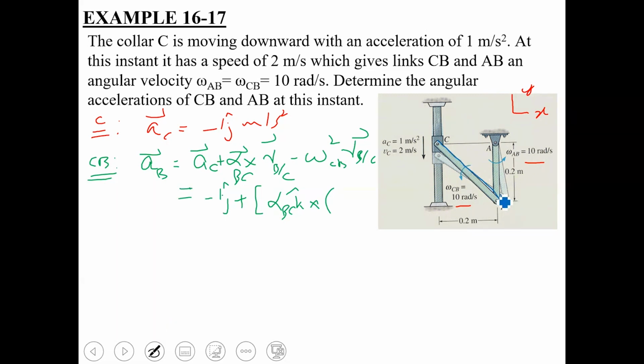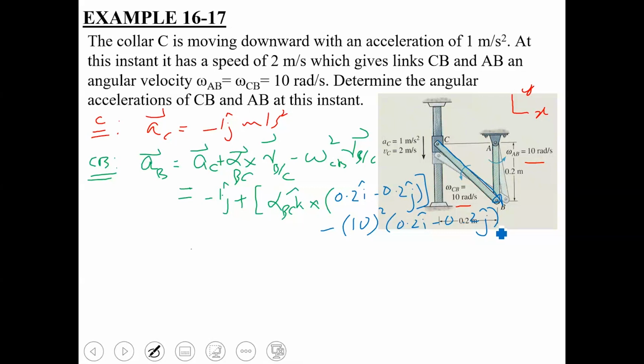It is going to be this vector, which has positive x, negative y. So 0.2 i minus 0.2 j. ये आपके पास alpha cross R आ जाएगा, minus omega square, so minus 10 square into 0.2 i minus 0.2 j. ये आपके पास complete equation बन जाएगी.